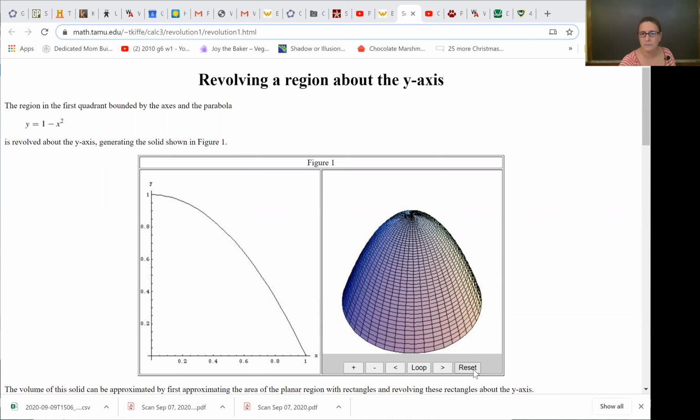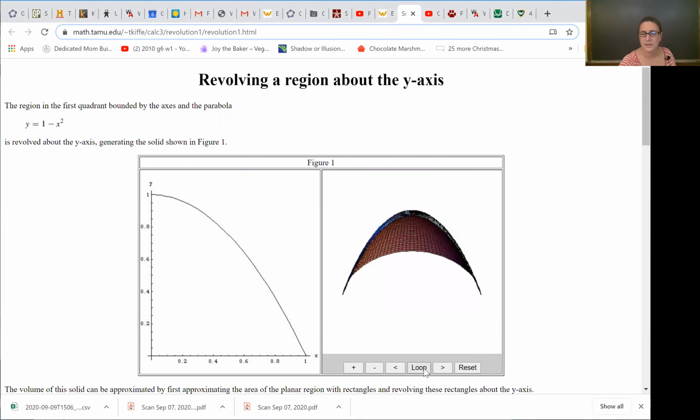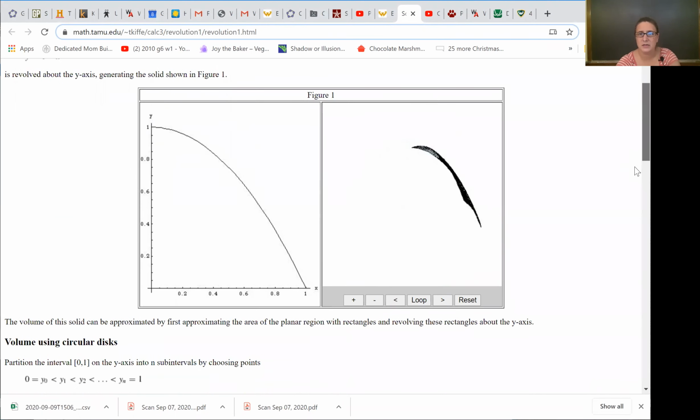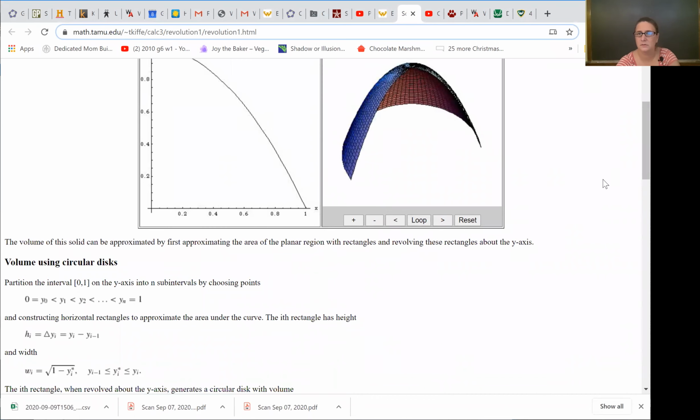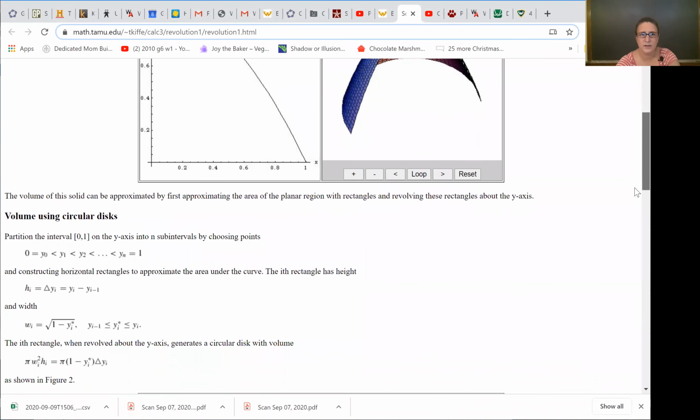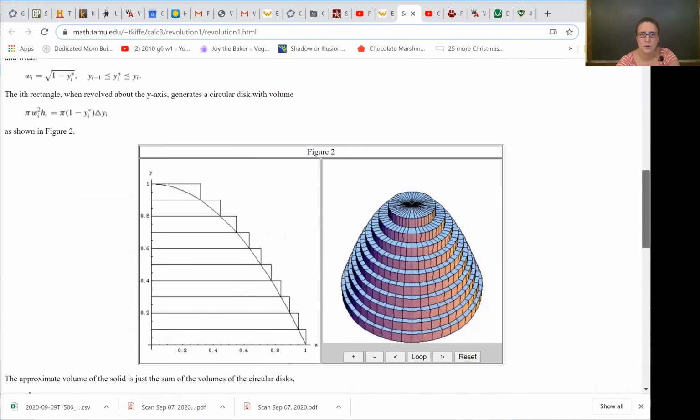So here, that's going to give us something like that. And we can see, let me turn that off, we can see if we go down here what's going to happen. What you want to do, of course, is have your discs perpendicular to the axis of rotation.